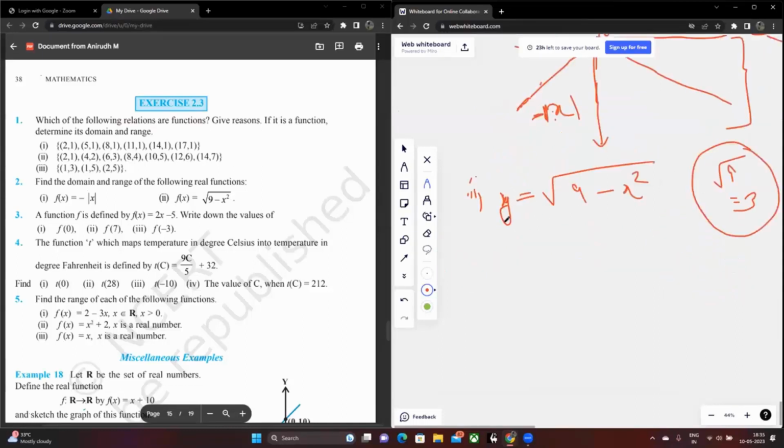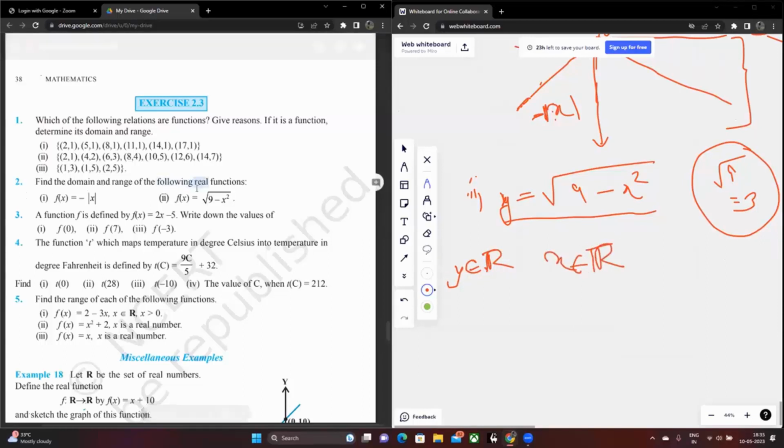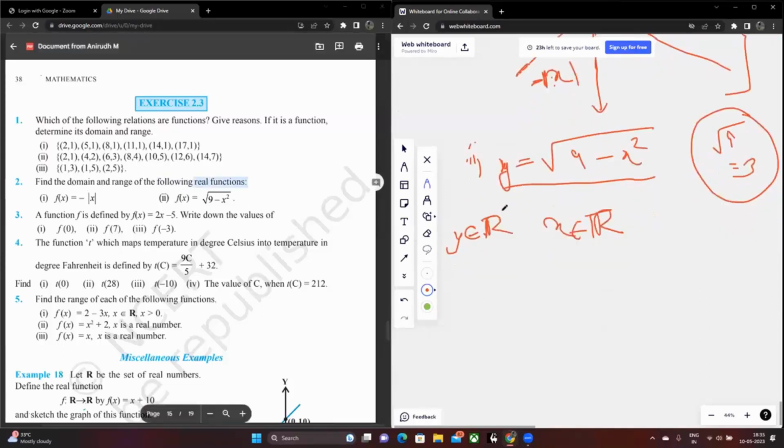Now, this being the function, it's easy to see that for something under the root to be real, we can safely assume that y belongs to real and x belongs to real. You can safely assume this because you have a real function, so y belongs to R. That means that whatever is under this root has to be greater than or equal to 0.